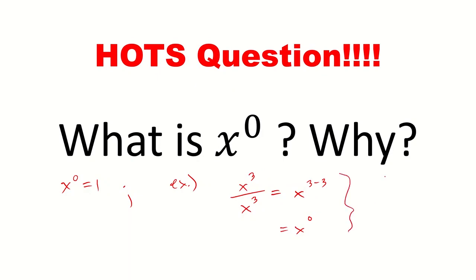And as we all know, in expanded form, x cubed divided by x cubed is just x times x times x over x times x times x. Then we cancel out. 1, 2, 3. So ano yung matitira? Just 1. Kaya x to the power of 0 is just 1.